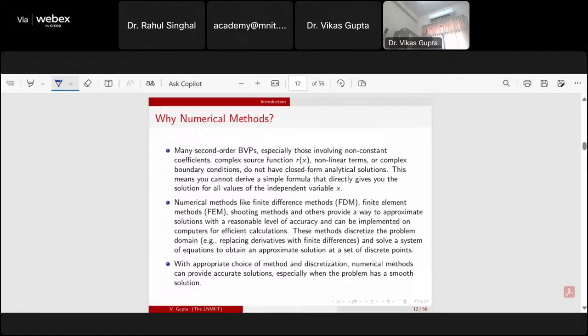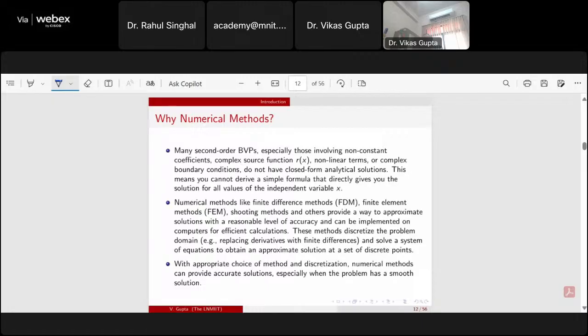methods. So numerical methods like the finite difference method, finite element method, shooting method, and other methods provide a systematic way to approximate the solution with a reasonable level of accuracy, and these methods can be implemented on a computer for efficient calculations.